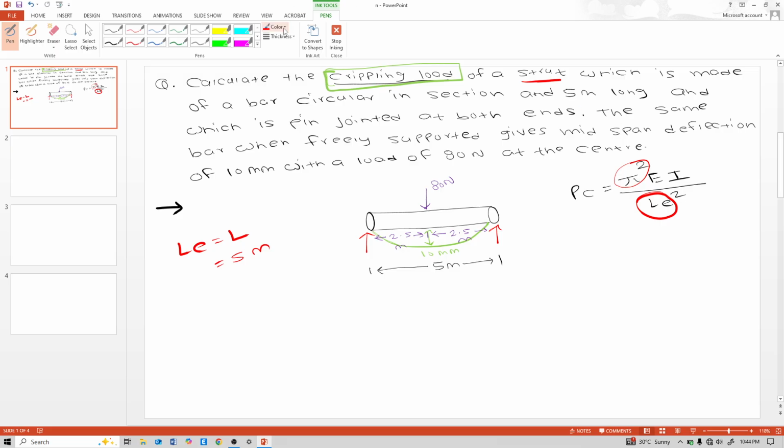So calculate this EI. And how to calculate this EI? Because this EI is not given in this numerical. In this numerical they are talking about this deflection 10 mm, and understand that formula: midspan deflection for simply supported beam with central point load.